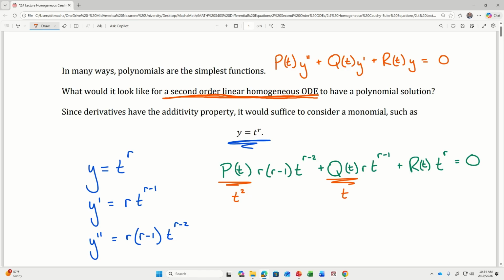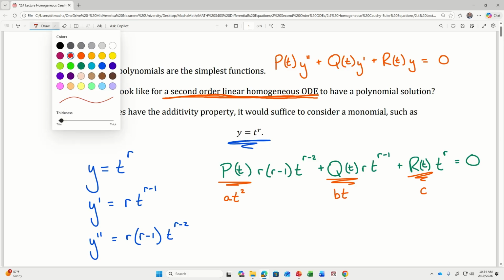And capital R of t might just be a constant, because do you see how the t to the 2 is going to multiply t to the power r minus 2, and then we just get t to the r, and then every term on the left-hand side of the equation would have a factor t to the r power, and then I could give myself some constant factors to work with and tweak the values of a, b, and c so that these terms would cancel each other out no matter what r is, right? Because r is a constant as well.